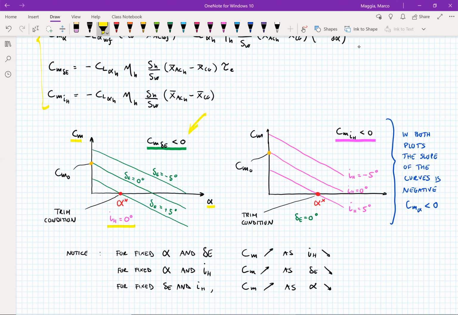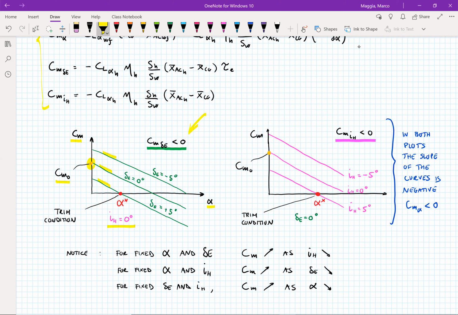And then we have different curves for different values of the elevator deflection. So if the elevator deflection was 0, since IH is also 0, then for alpha 0 equals 0, we have this point over here, which corresponds to exactly Cm0.